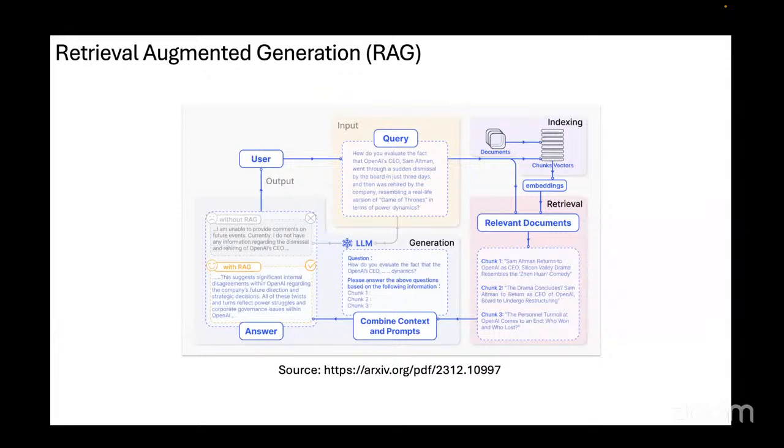You extract those documents, prepare a text out of them, prepend it to your prompt, and then prompt the model with that. That way, your answers are more contextualized. So this is the whole process.